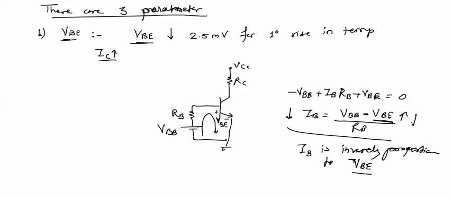Now if VBE decreases, IB increases, and we know that if IB increases, collector current IC increases according to the equation IC is equal to beta into IB plus 1 plus beta into ICO. So collector current IC will increase, and this increase in IC will shift the operating point of the transistor.